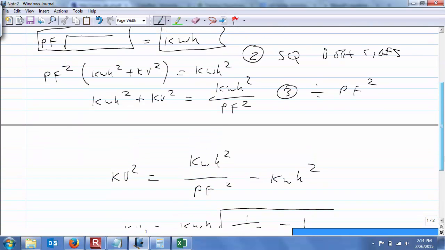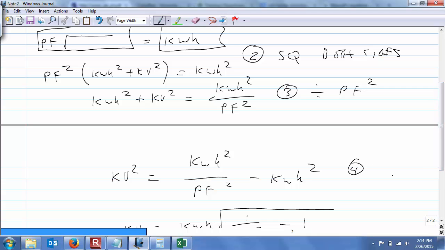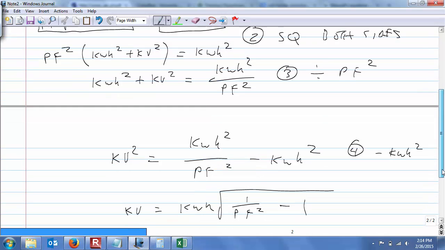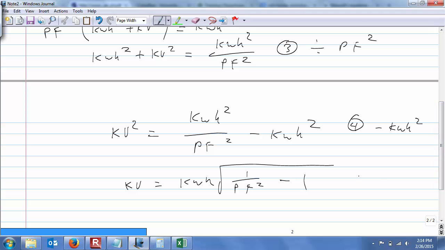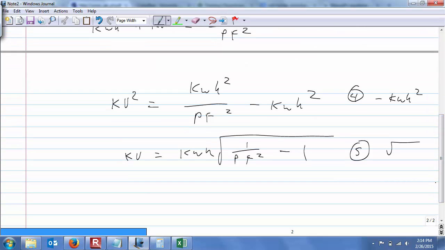Step four was subtract kilowatt hours squared, again from both sides. Step five was take the square root of both sides.